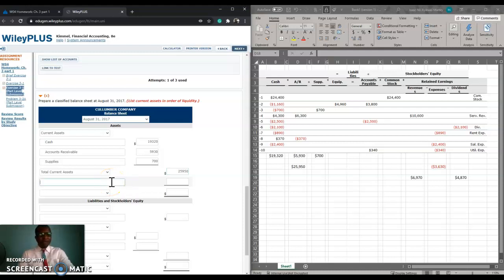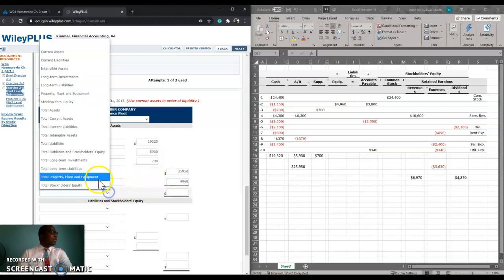Then we have our equipment. So for the equipment, we have a total of $4,960.